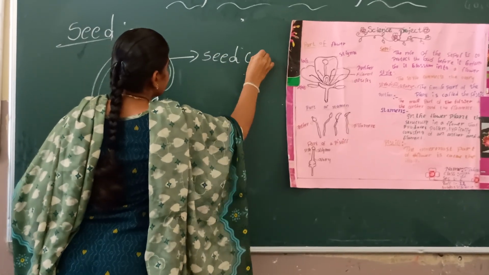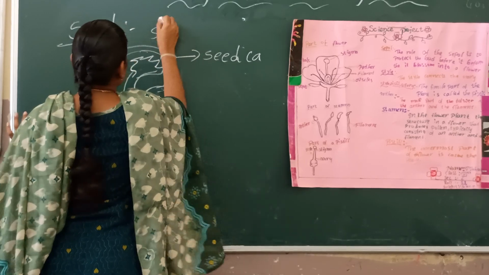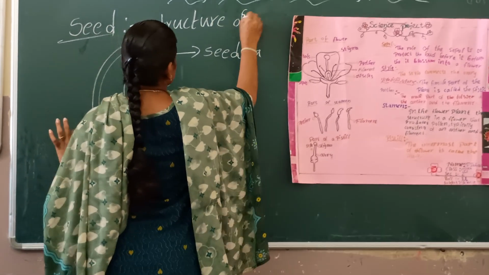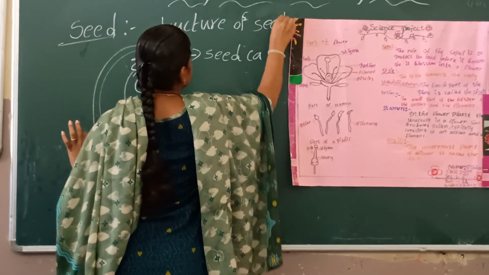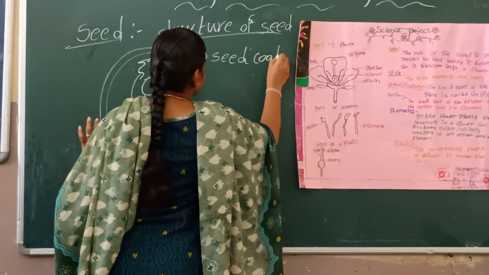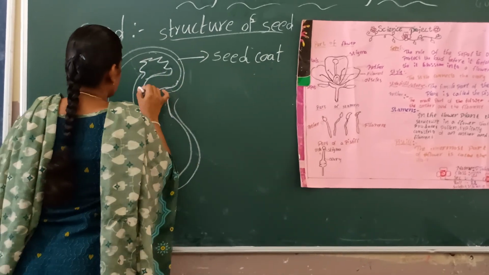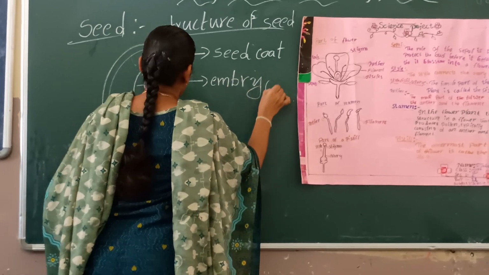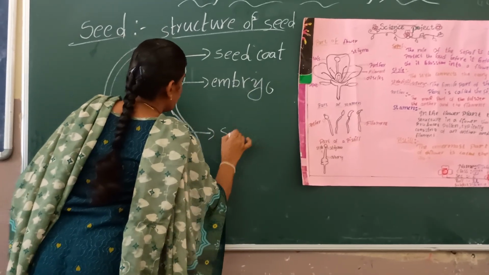This is the structure of a seed. So this is the seed coat, and next this is the embryo, and this is the seed leaves.